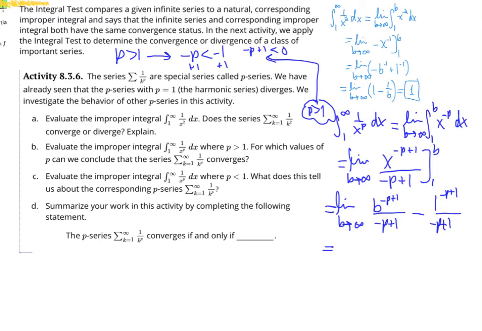So I'll do that. Let me factor out this 1 over negative p plus 1 from both terms. I'll have 1 over b to the 1 minus p, minus 1 in parentheses here.